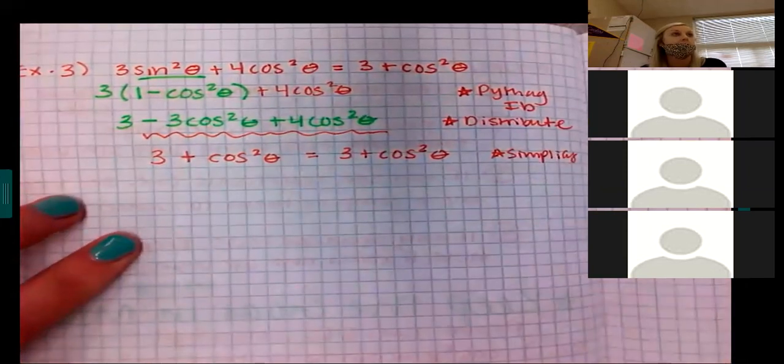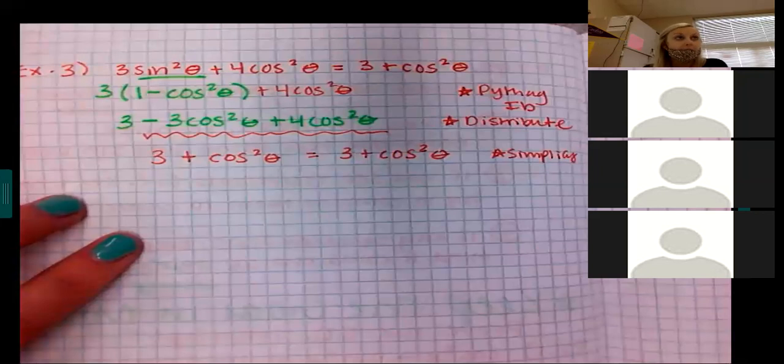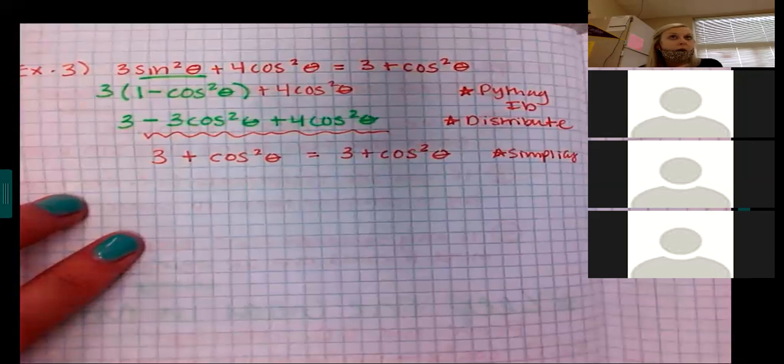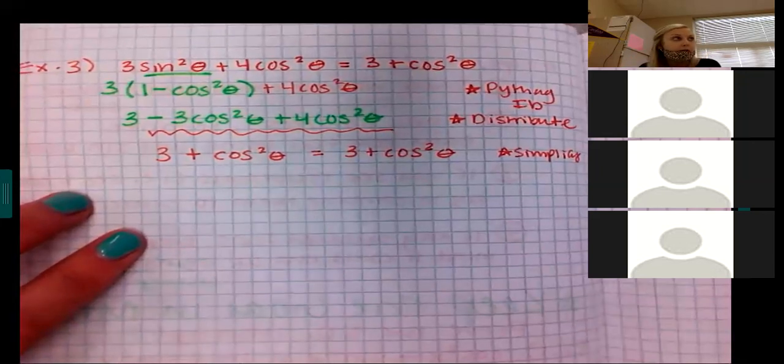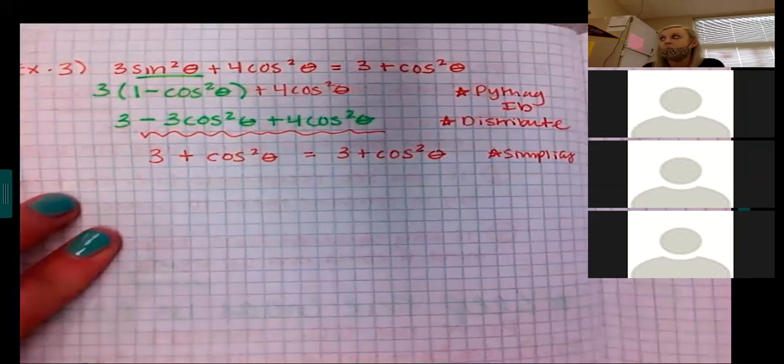That's the first way you could do it. That's the way I did it. Anytime you want to rewrite or replace something, you can just put it in parentheses. Think about in math 1 when you did substitution. If y equaled something, you just plugged it in for the y in parentheses, right? Y'all are very smart kids, but y'all have lots of gaps in your math 1 and math 2.